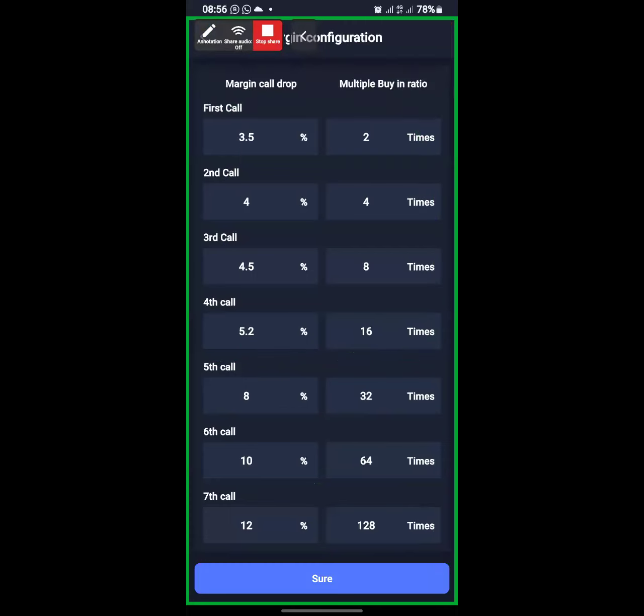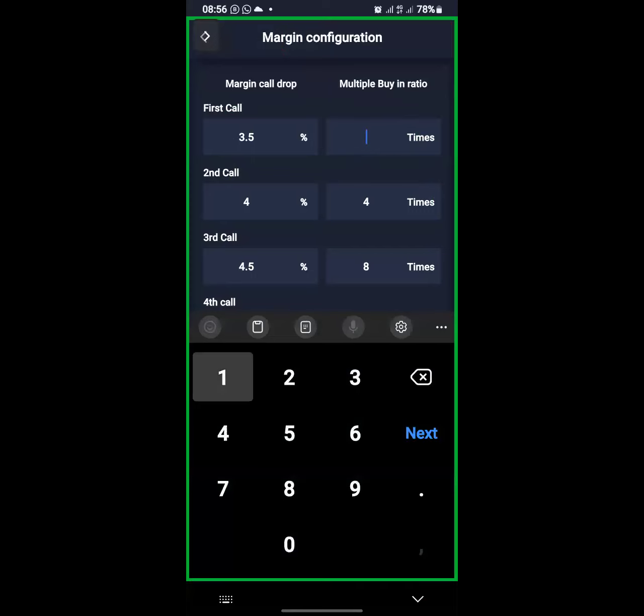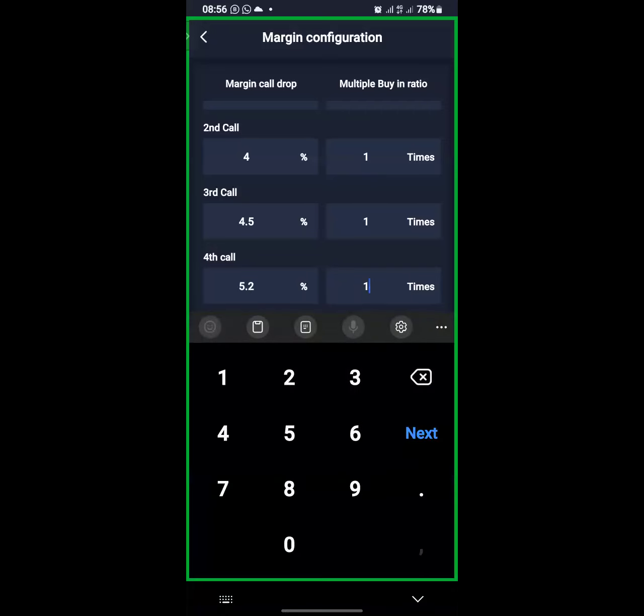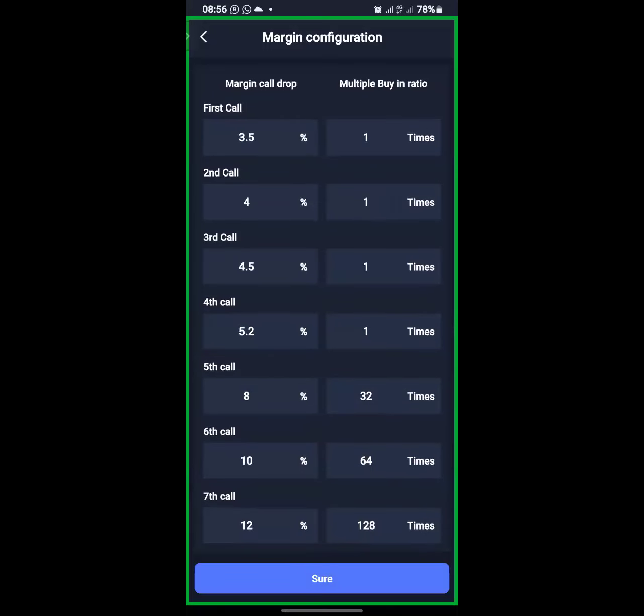So let's say that I'm using $500. For me, I'll expose $10. That's one time, 10 times 1 is 10.